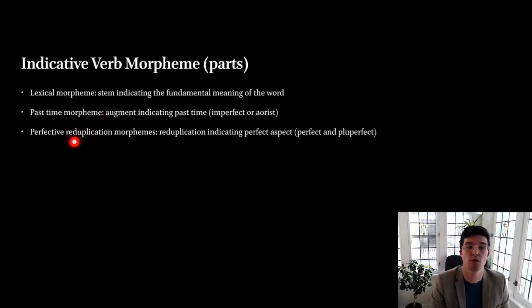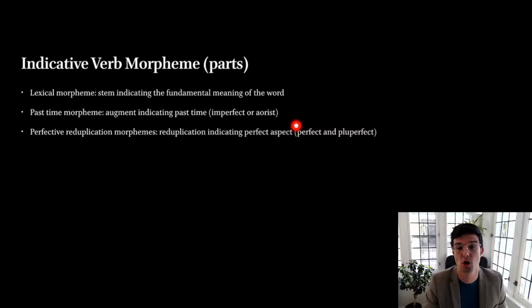The same is true of the perfective reduplication morphemes. And these are going to indicate the perfect tense or the pluperfect tense. And remember, just like the augment, reduplication can come in a couple of different forms. The most common form is the consonant repeating itself with an epsilon stuck after it, but we'll also see reduplication in a way that looks just like an augment.